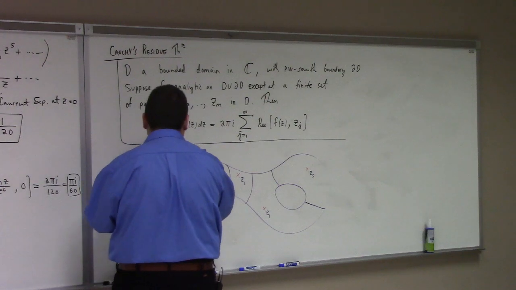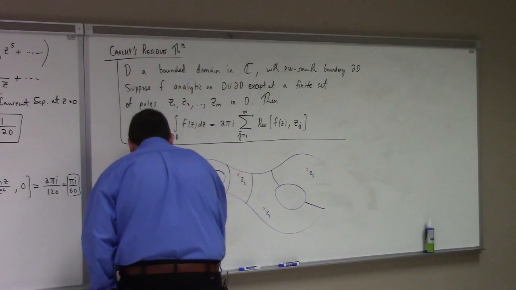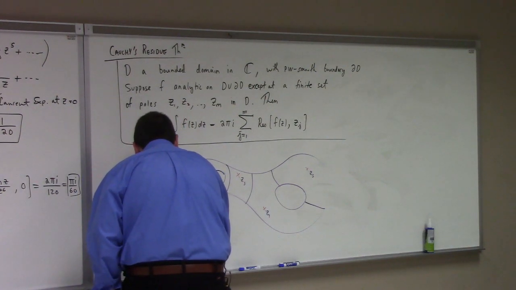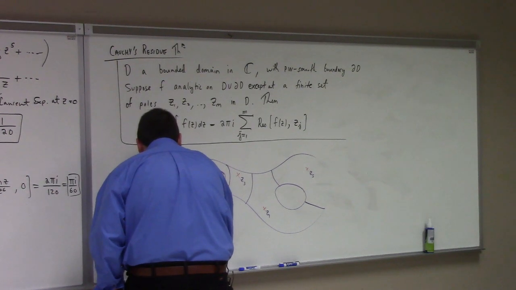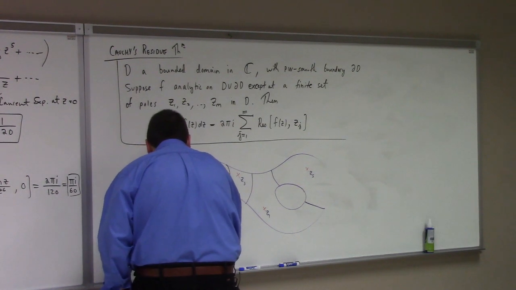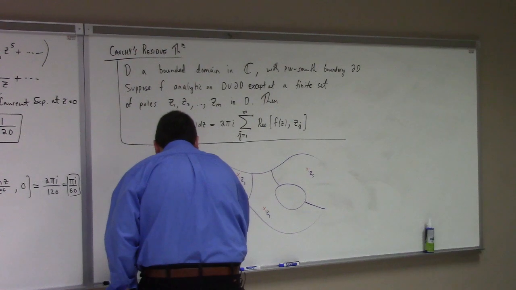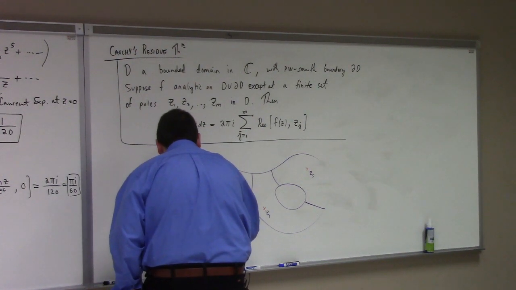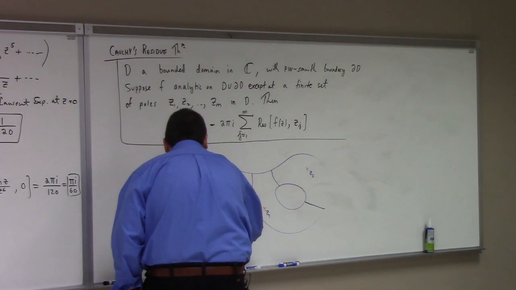integral. Say if this is D1, well then the integral around the boundary of D1 of f of z dz is equal to 2 pi i times the residue of f of z at z1.